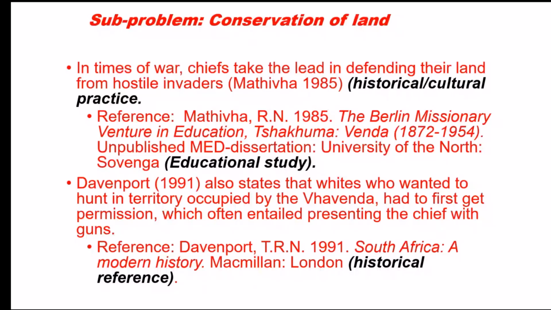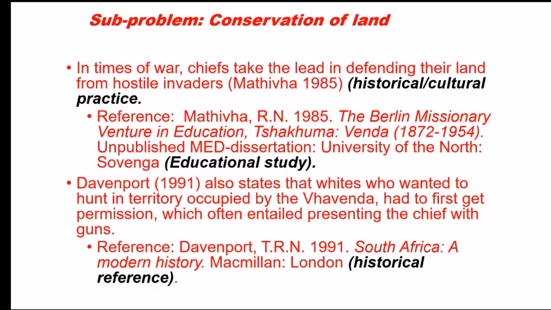But look at how I listed this reference at the end of the study, so you could see the discipline to which it belongs. The reference says, Matiba RN 1985, The Berlin Missionary Vendor in Education. You see now, it was an educational study. There he was investigating something with respect to 1872 and 1954.